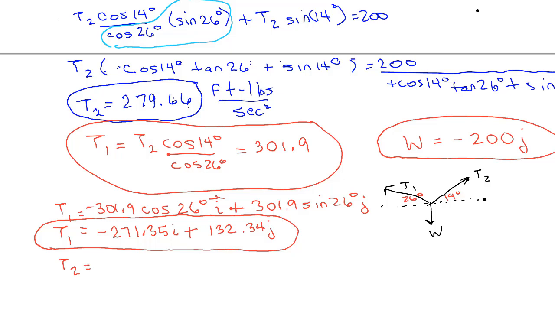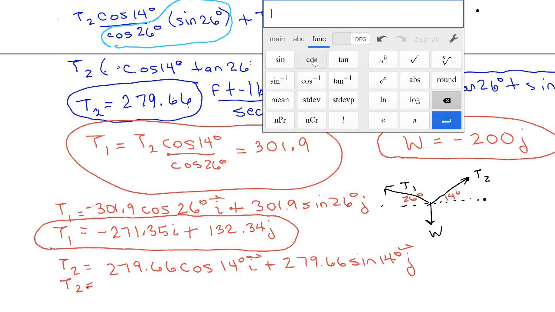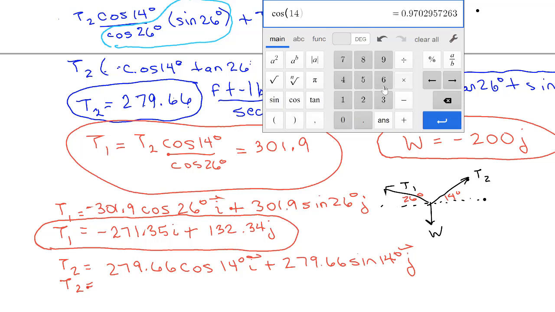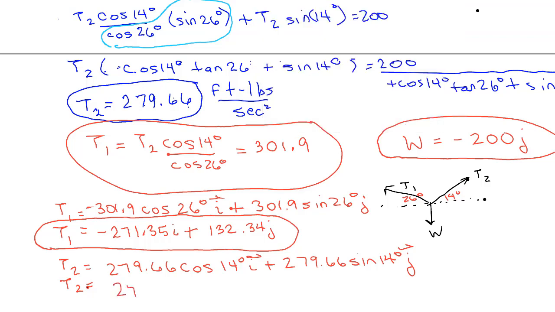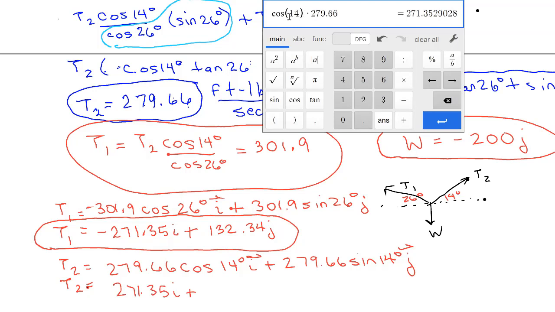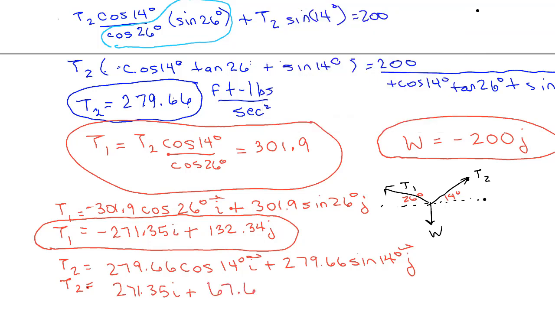T2 is 279.66 times the cosine of 14 degrees I. And they're both going in the positive direction, 279.66 sine of 14 degrees J. T2 equals cosine of 14 degrees times 279.66 is 271.35 I plus 67.66 J. Okay, and there's my T2.